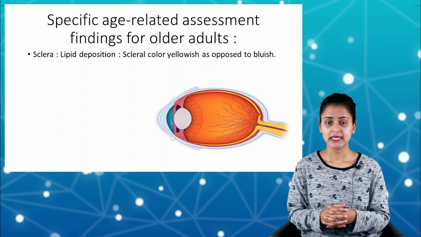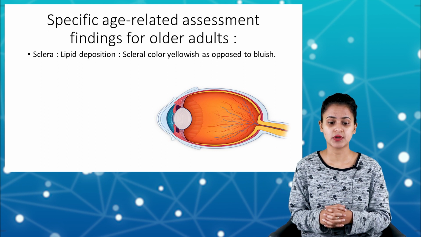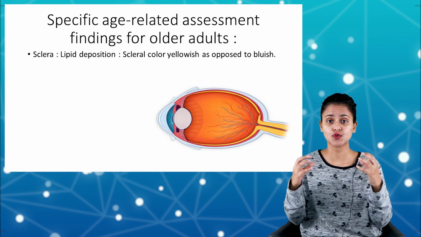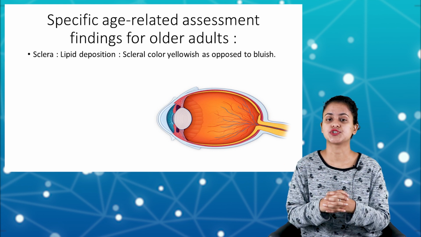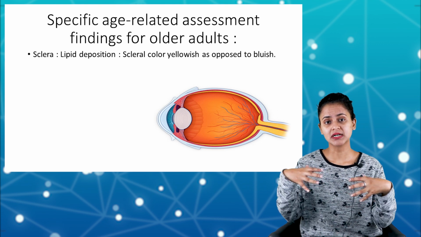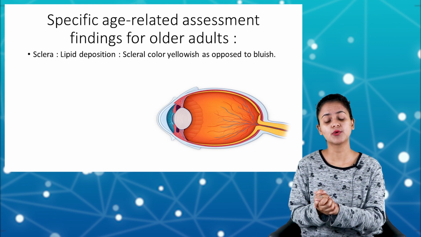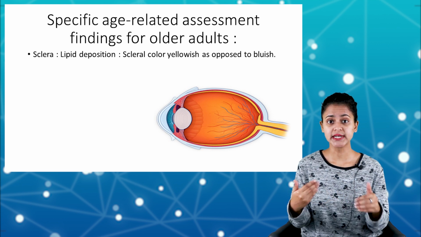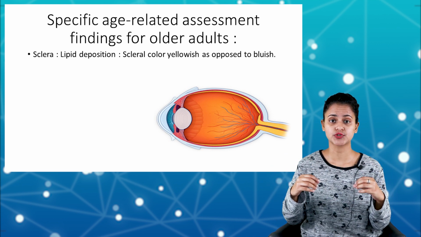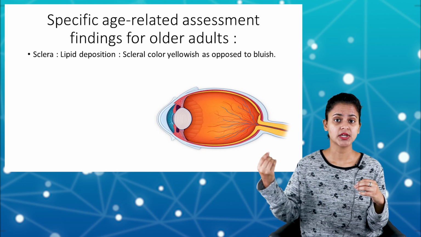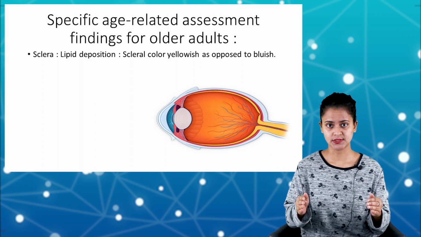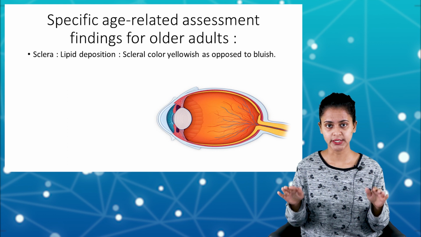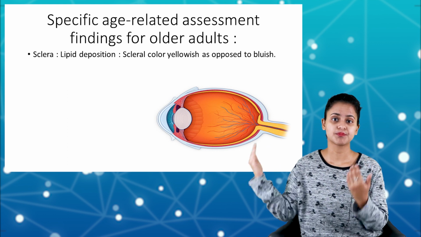In the sclera of an older individual, we often see the presence of lipid deposition. So the sclera color turns yellowish as opposed to bluish coloration. Because of the lipid deposition, there will be color changes, and it is considered a normal finding for old age people.